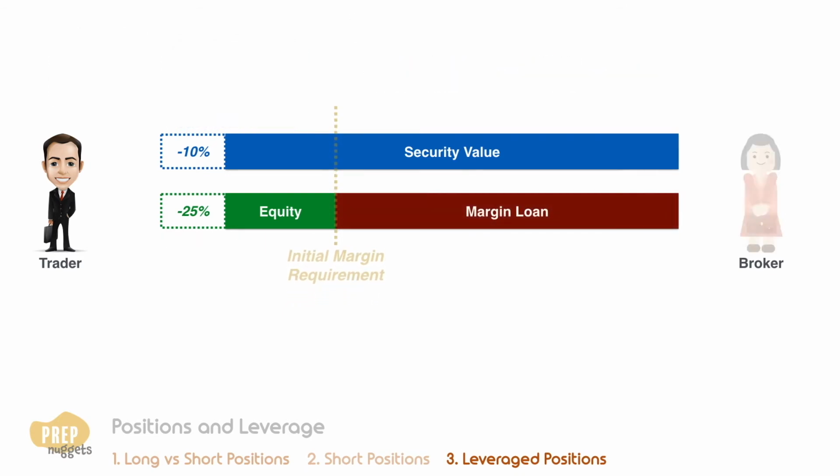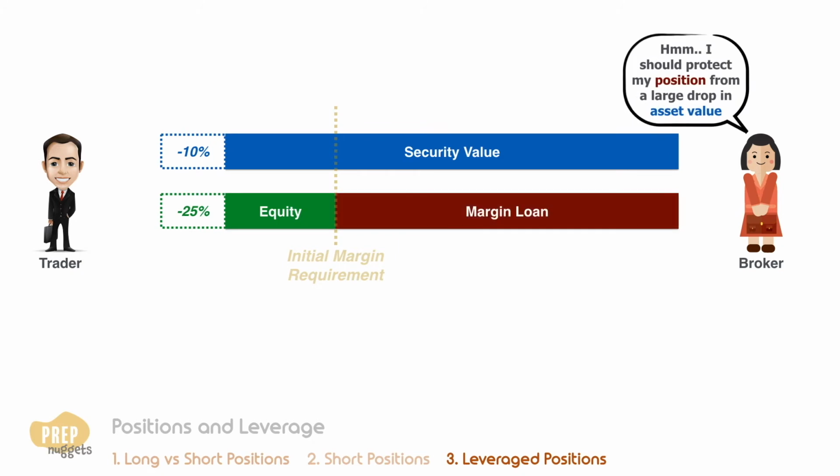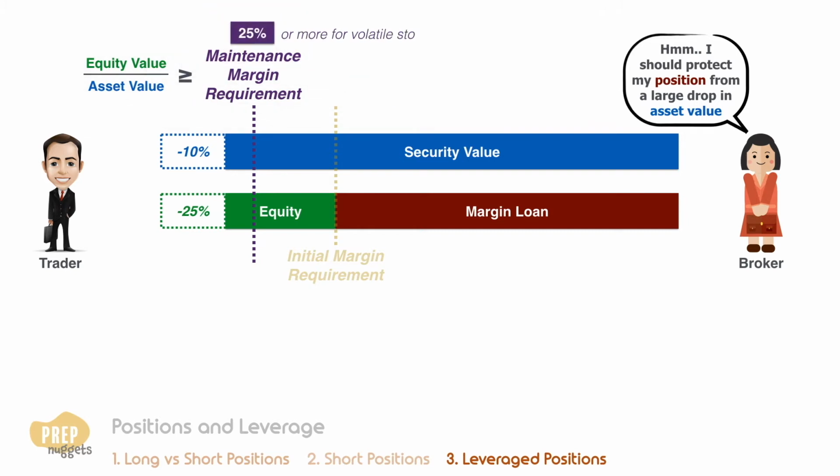To protect themselves from a sharp drop in asset value, brokers usually enforce a maintenance margin requirement on the trader. This is the minimum equity percentage that the trader must maintain in the account. This is typically 25% of the current position value, but brokers may require a greater minimum equity percentage for volatile stocks.